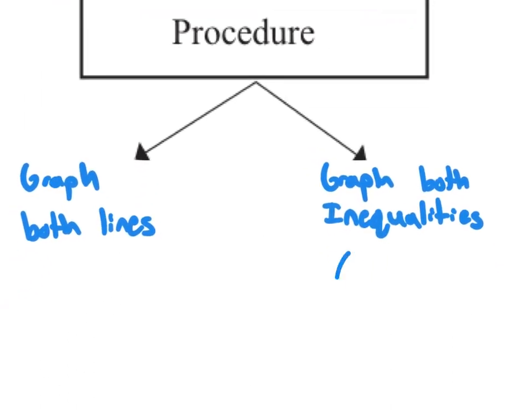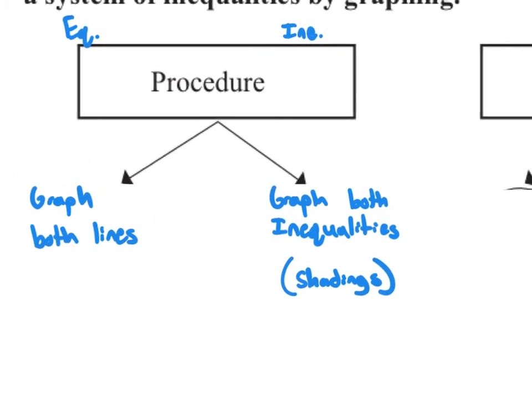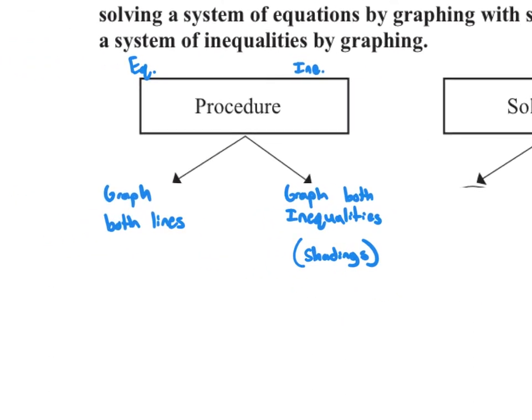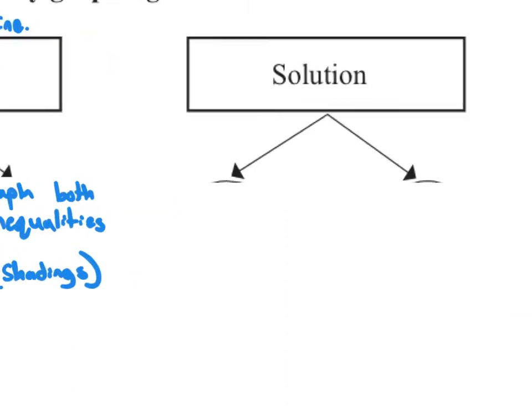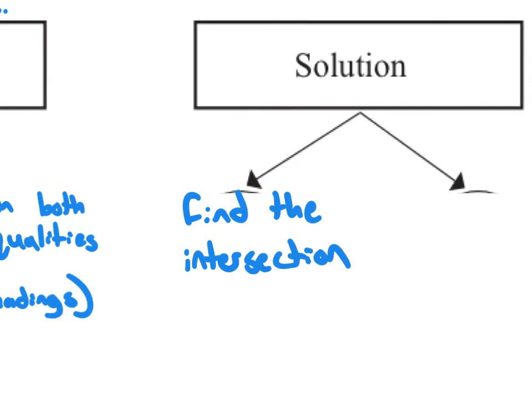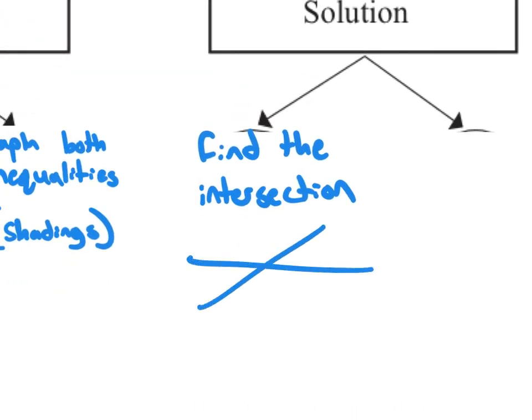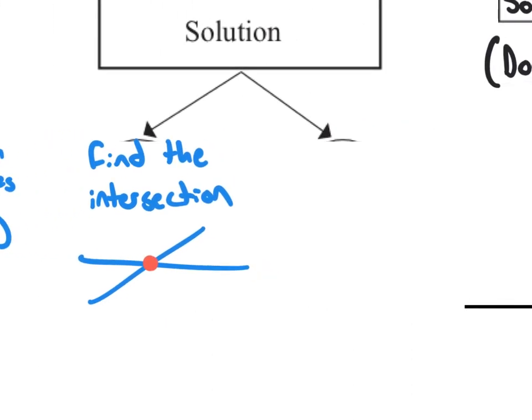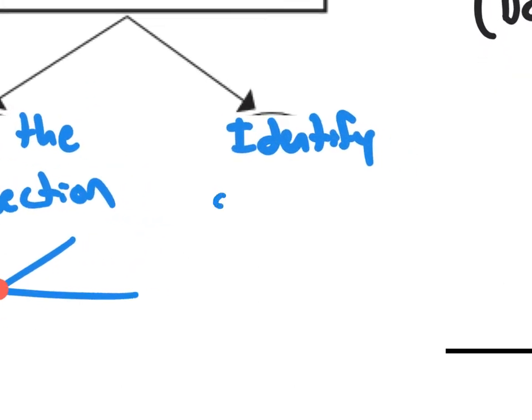Now on this one, you have to remember that that will involve doing the shadings. But there is no shadings when you're graphing equations. For the solution, for systems of equations, you find the intersection point. Which was, if we had two lines, the solution was the point where they crossed over. But for systems of inequalities, you need to identify the double shaded region.